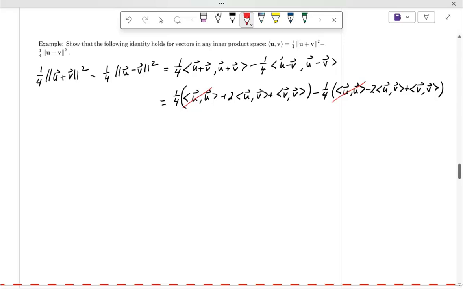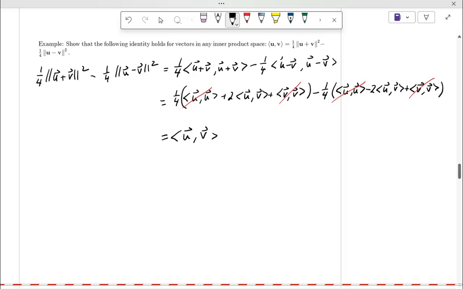Even if you distribute the minus one or the 1/4 through, they have opposite signs, don't they? Those go away. Those go away. When I distribute the minus 1/4 through here, you're going to get a plus 1/2, aren't you? So we really do end up with the inner product of u and v when we're done.